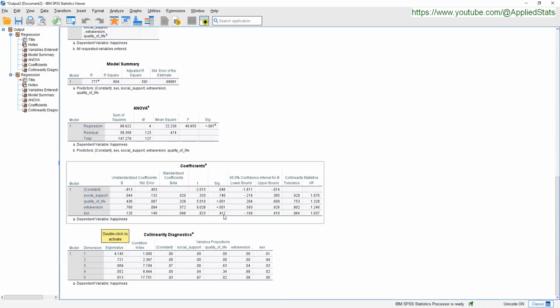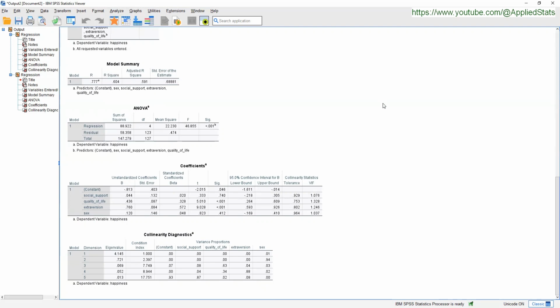Sex is not a significant predictor, and its beta value is small but slightly bigger than social support. You remember that we coded this as 0 for female and 1 for male. So basically, this means that males do not have higher happiness than females.